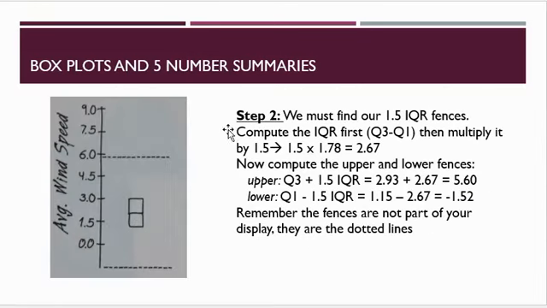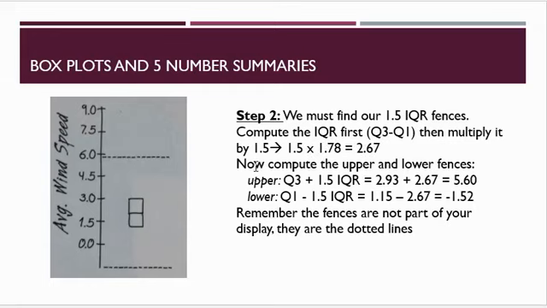Step 2. You must find our 1.5 interquartile range fences. To compute this, you need to find your interquartile range, which is your Q3 minus Q1, then multiply it by 1.5. In this case, our interquartile range was 1.78. So, you multiply 1.5 times 1.78, and you get 2.67.